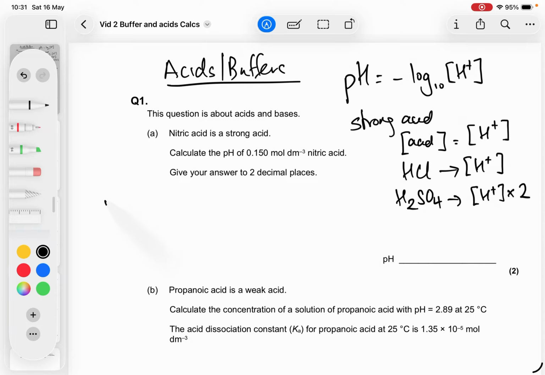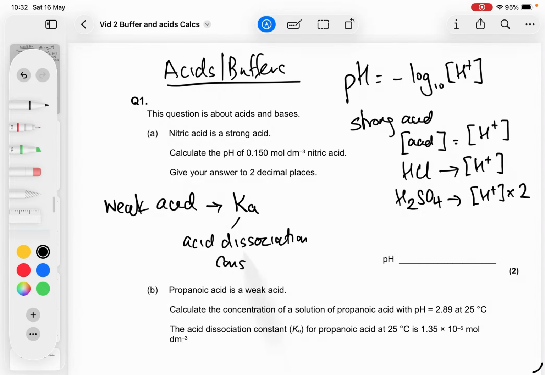If it's a weak acid, it has something called Ka, which is known as the acid dissociation constant. It gives us information about the degree of weakness or strength of the acid.